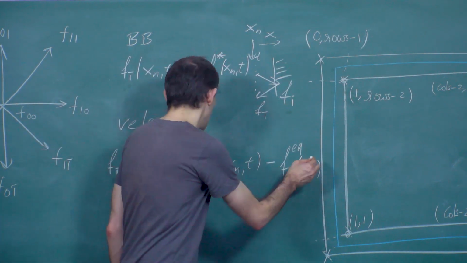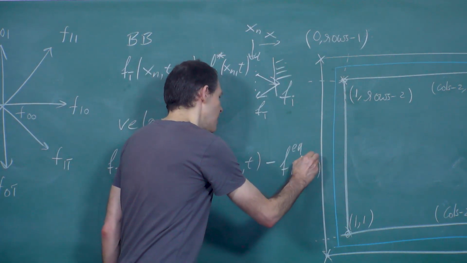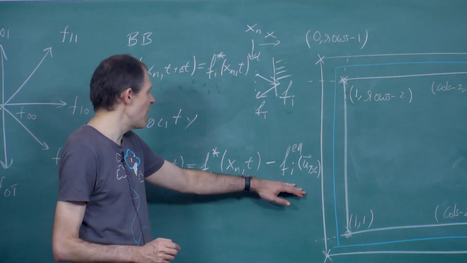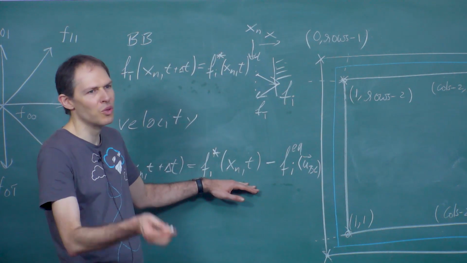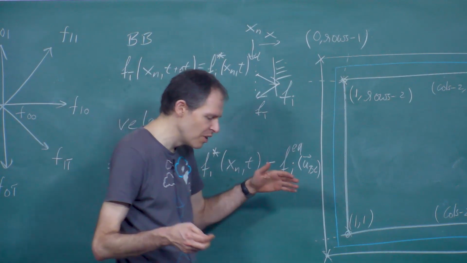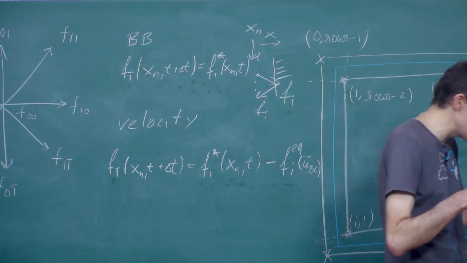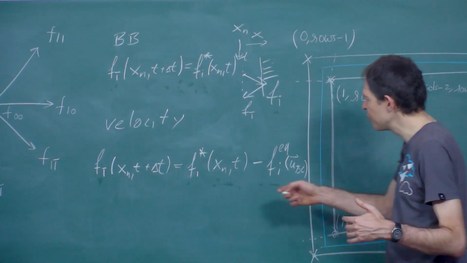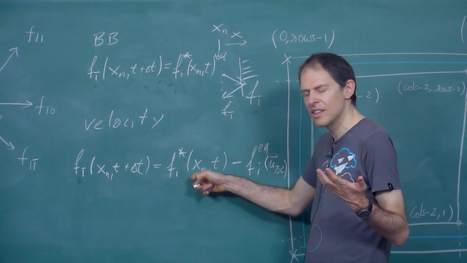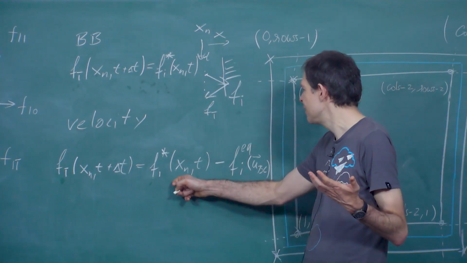So this would in general be a vector, yeah? So we subtract this in order to remove the part that is still, to remove the velocity that is in this population here.